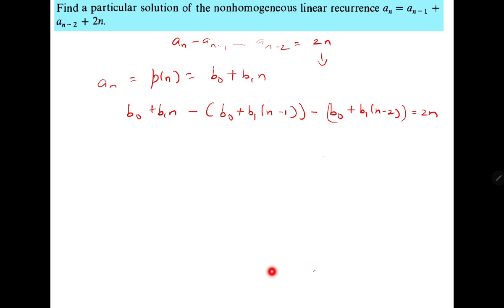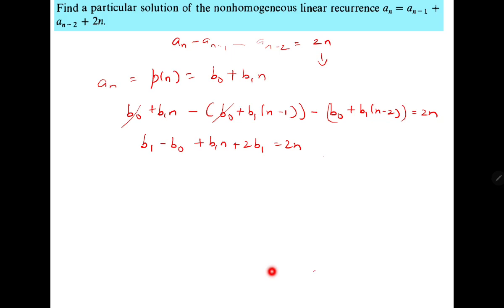Now if you simplify it, B0 minus B0 would cancel out, and B1 n and B1 n would cancel out. Minus minus becomes plus, so plus B1, then minus B0 plus B1 n minus 2 B1 is equal to 2n. This becomes plus 2 B1, sorry, because minus minus would become plus.